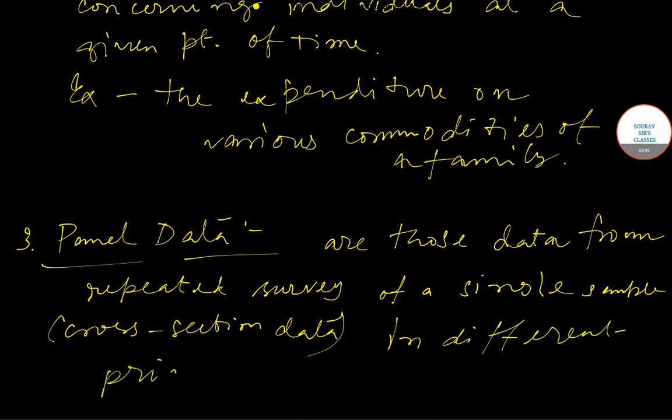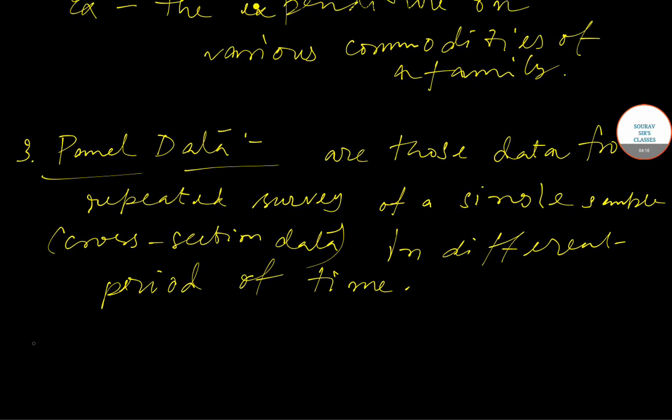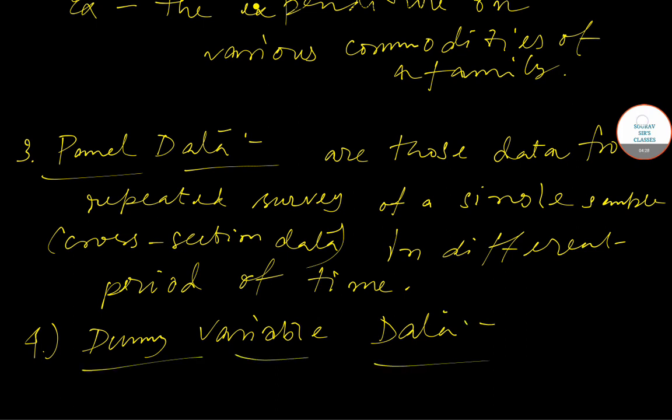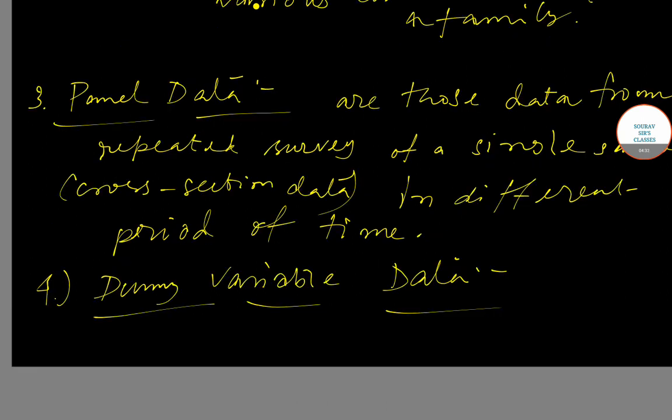Now I will be talking about the last kind of data, which is dummy variable data. So let's see what is dummy variable data. Dummy variable data are basically for the times when the variables are qualitative in nature.